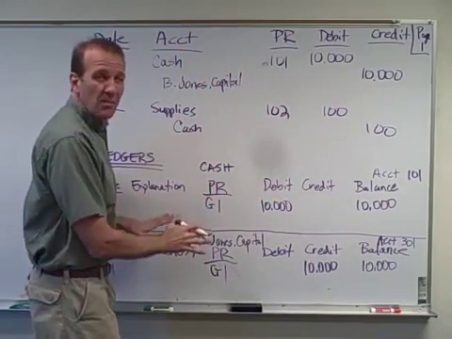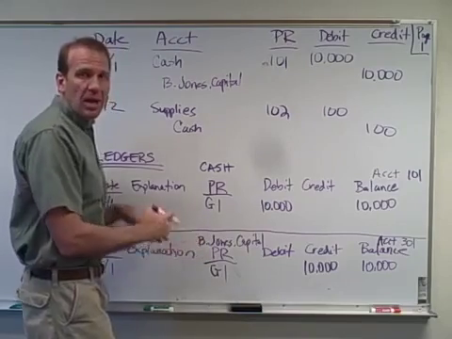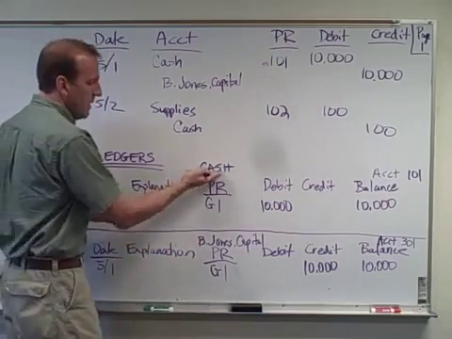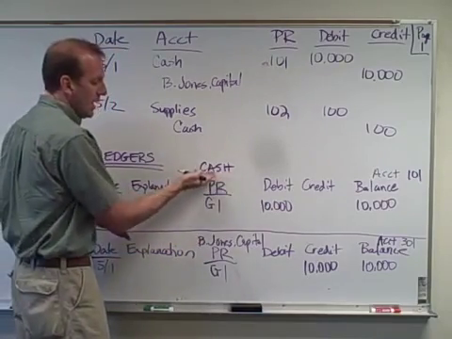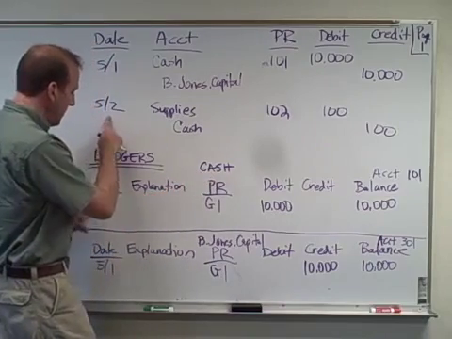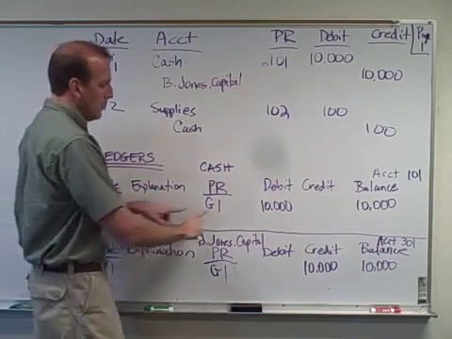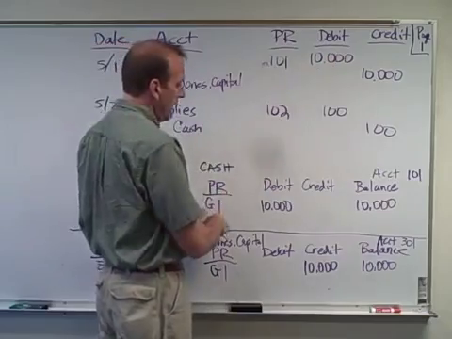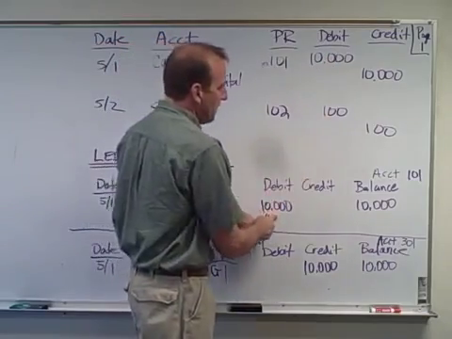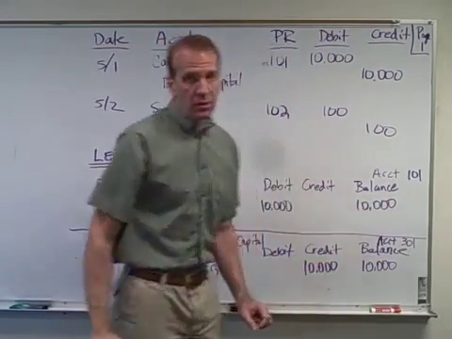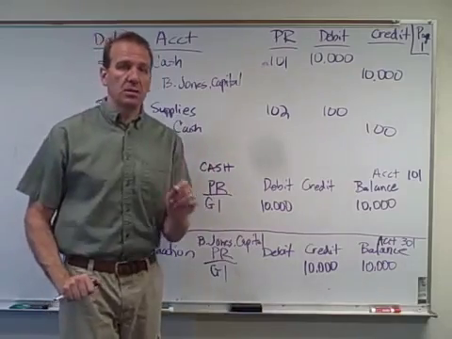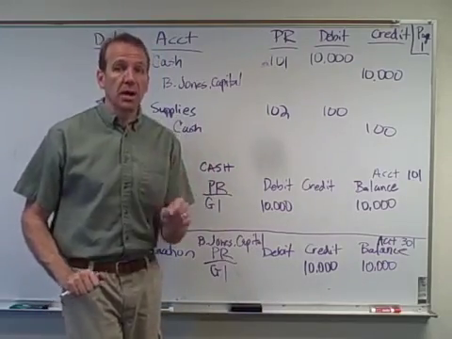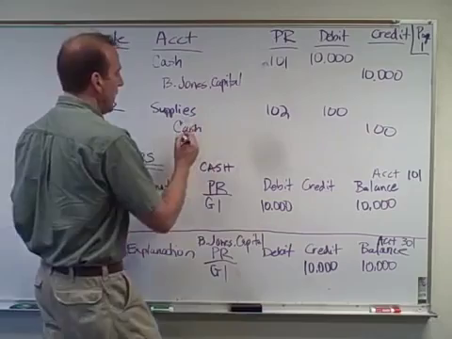I don't have it written on the board and I don't have room for it, so I'm not going to write it up. But there would be a separate page that says supplies, and I'd put the date, 5/2. I would put down it's coming from page G1. I would have a $100 debit, and then a balance of $100. That would be my entry into the supplies ledger account.